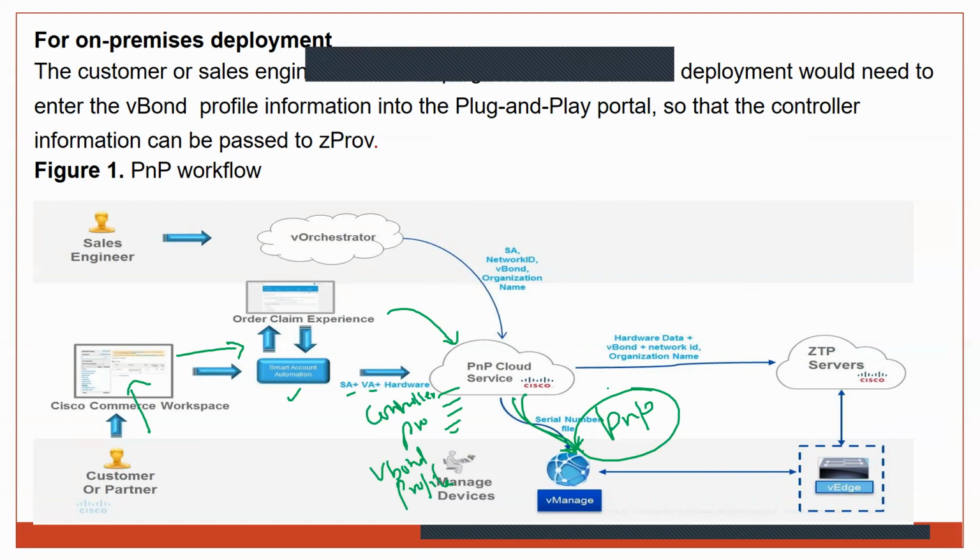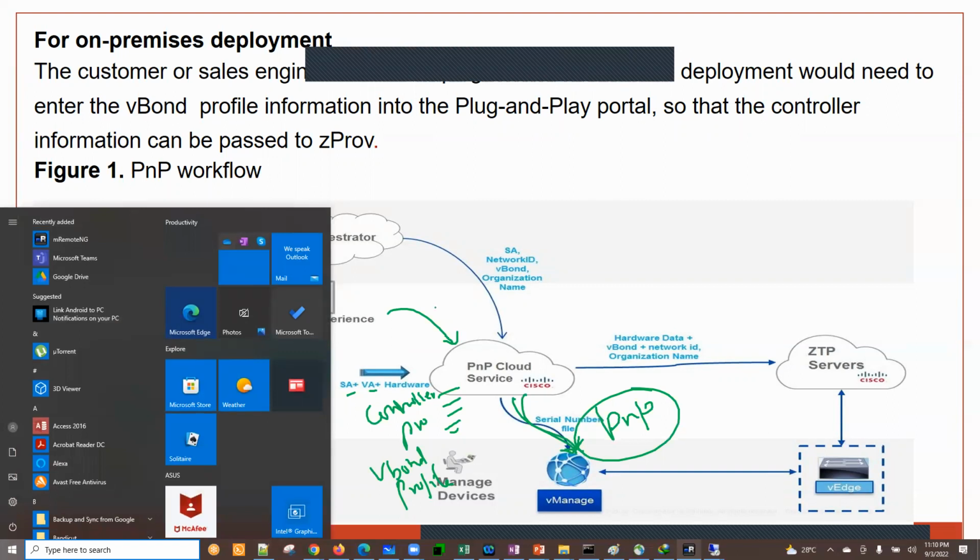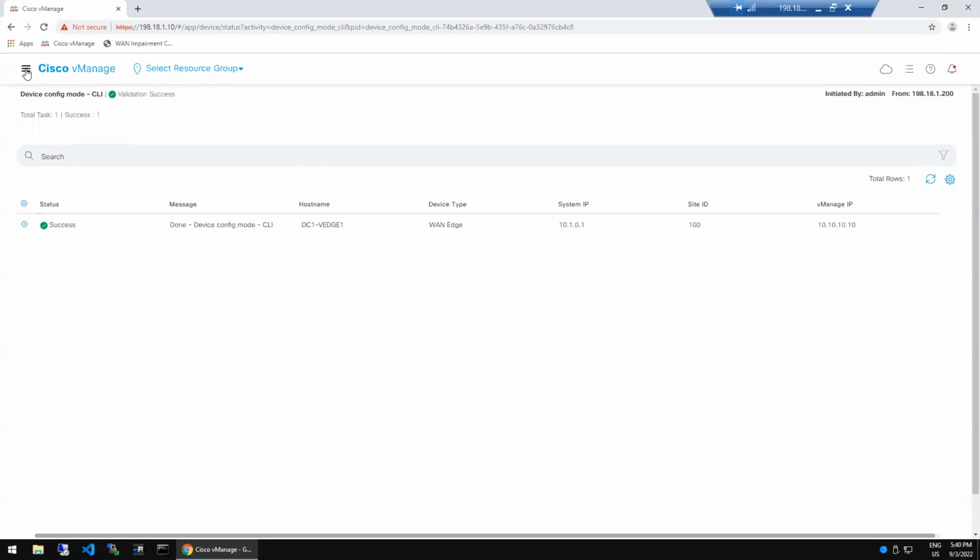From vManage, there is the option where you go to the device, then the configuration page, where there is the option to sync the smart account. We are also using that Cisco ID for the smart account, and whatever information we put in the PNP portal, that is the serial number and chassis number of the edge devices, syncs with vManage.